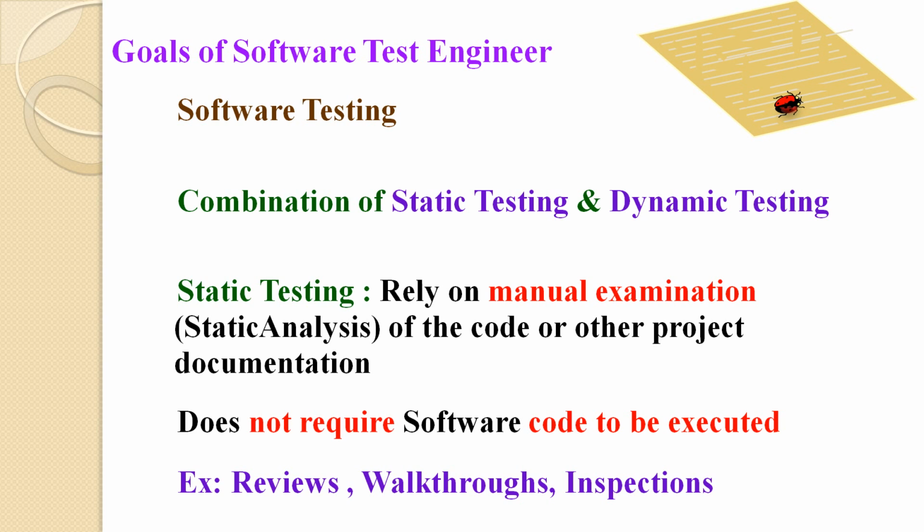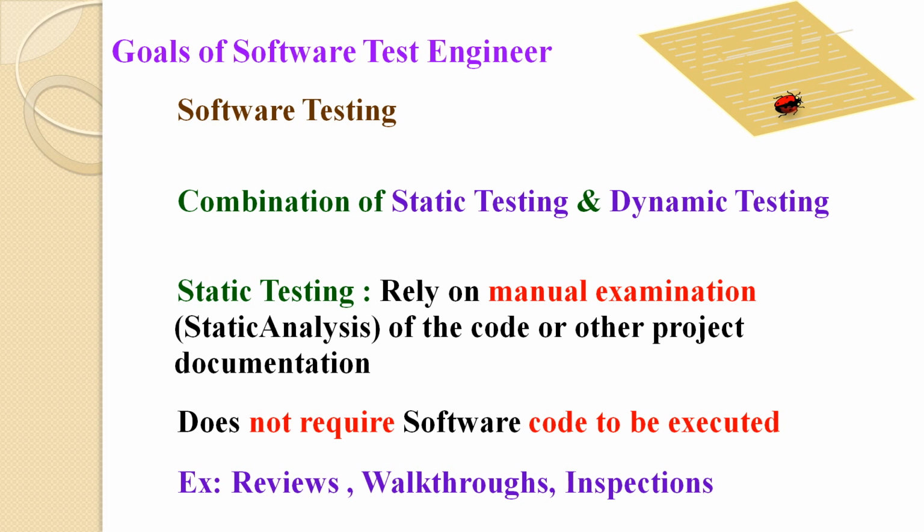Static testing does not require software code to be executed. So static testing is the process of manual examination of the code as well as the project documentation. Static testing never requires execution. Examples of static testing are reviews, walkthroughs and inspections.